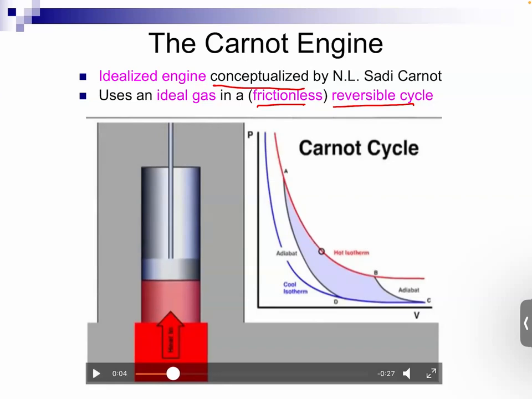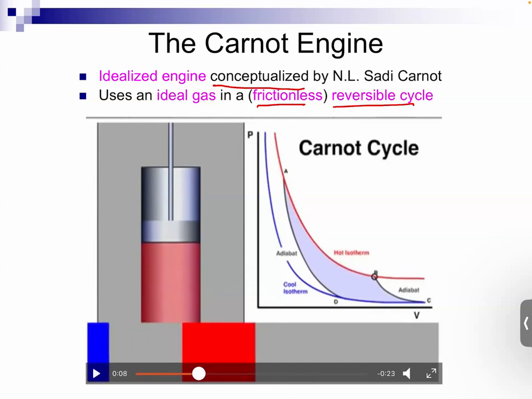As a result of heat being drawn, the gas in the piston expands. The gas expands isothermally. You have this isothermal expansion of the gas. Okay, when the hot reservoir is taken out, the gas has momentum in its expansion. So the gas still continues to expand, but it expands adiabatically.